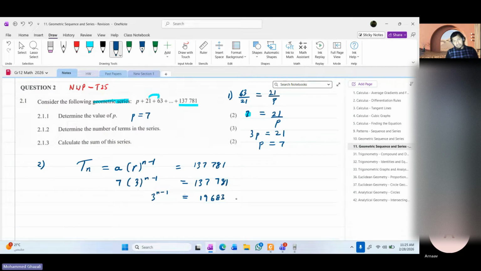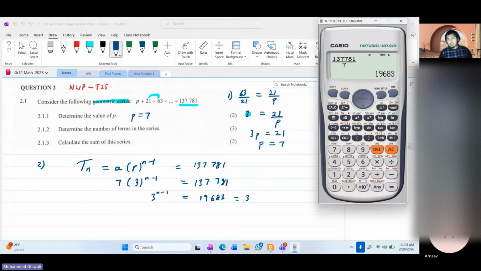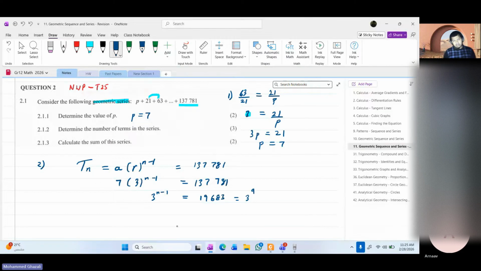Right, so now we know 19,683 is 3 to the power 9. Yeah. So we can drop the bases now and say n minus 1 is equal to 9. Therefore, n is equal to 10. So there are 10 terms.